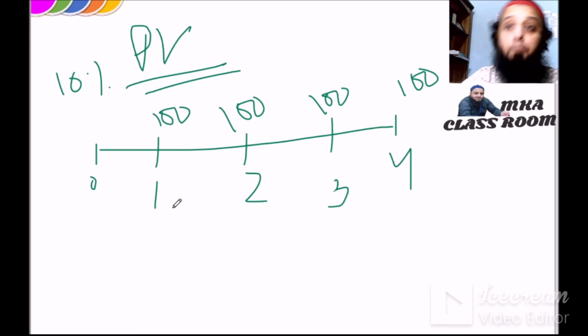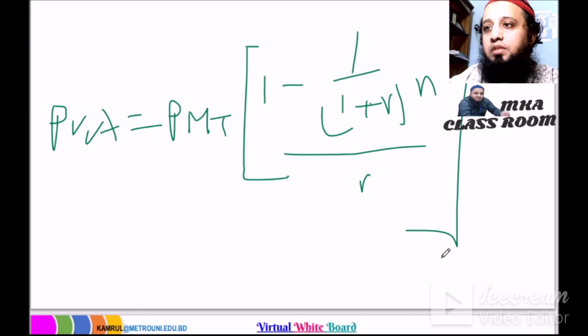Because it is the ordinary annuity, PVA equals PMT into 1 minus 1 divided by (1 plus R) power n, divided by R. That is our formula for finding present value of ordinary annuity.